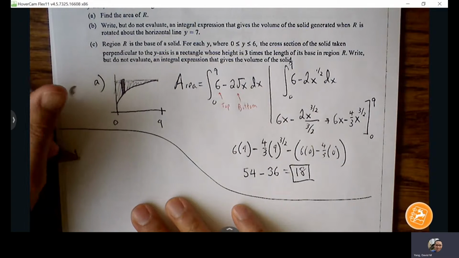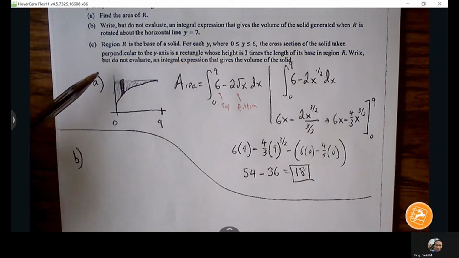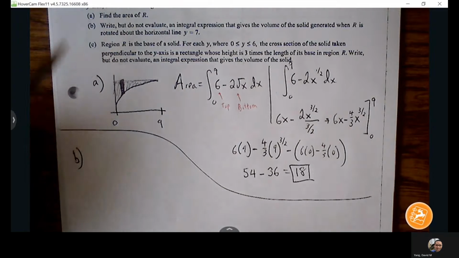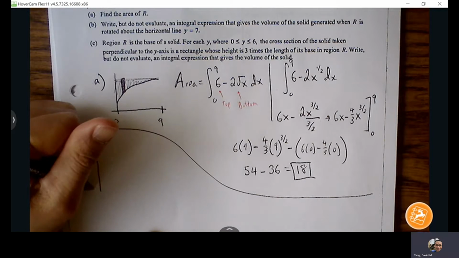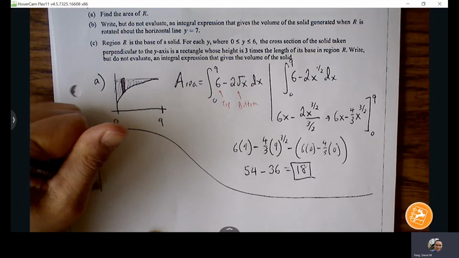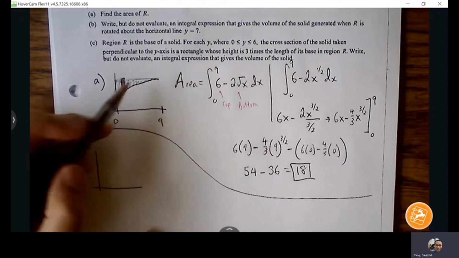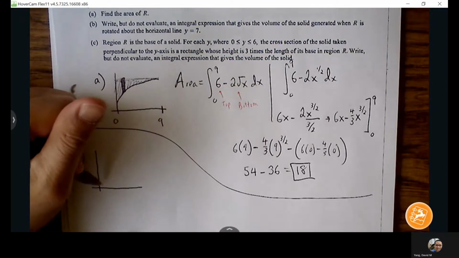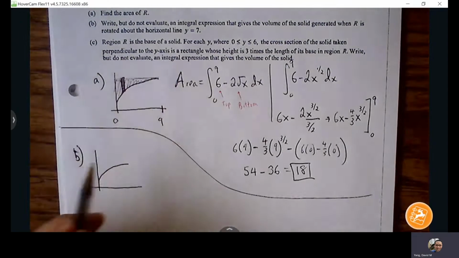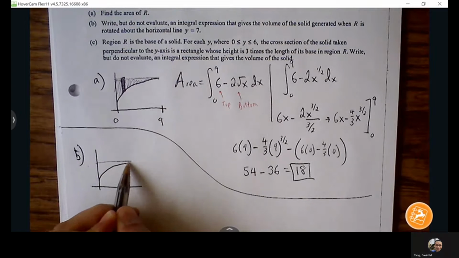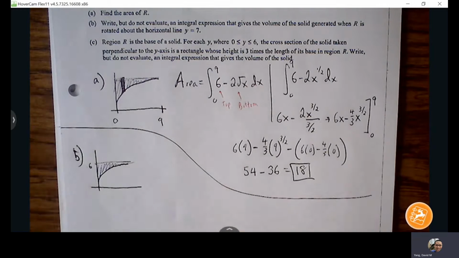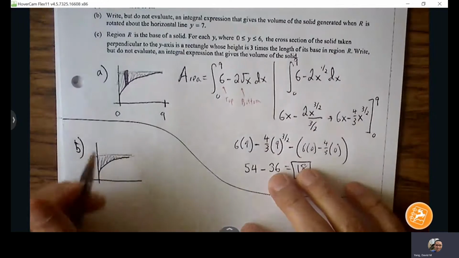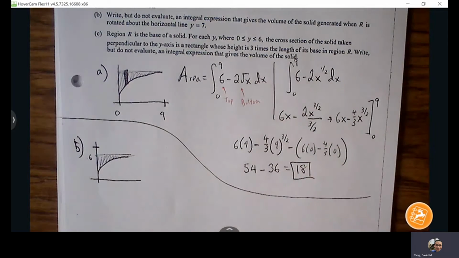Okay, what do you think about part B here? Disc or washer? Yeah, you see that that dotted line is not touching or up against that flat surface, right? It's completely off of it. There's a gap. Seven is going to be a little bit off of the shaded region.